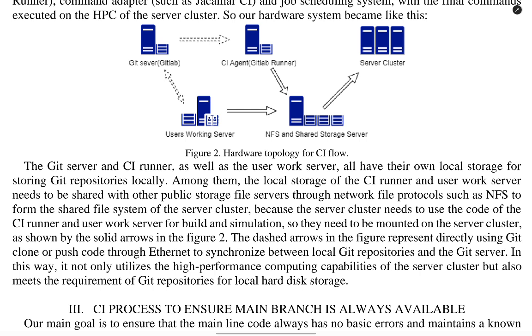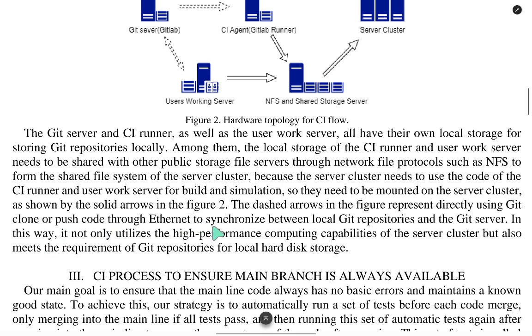Because the server cluster needs to use the code of the CI runner and the user work server for build and simulation, they need to be mounted on the server cluster, as shown by the solid arrows in Figure 2. The dashed arrows in the figure represent directly using Git clone or push over Ethernet to synchronize between the local Git repositories and the Git server.